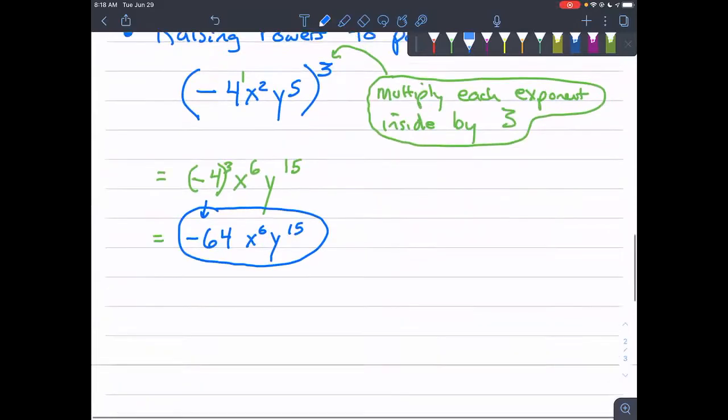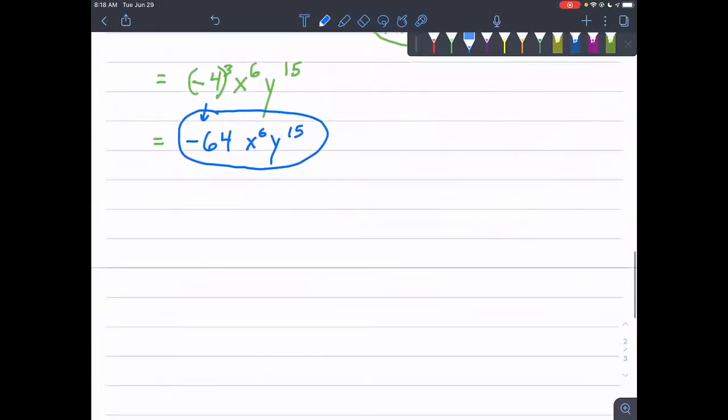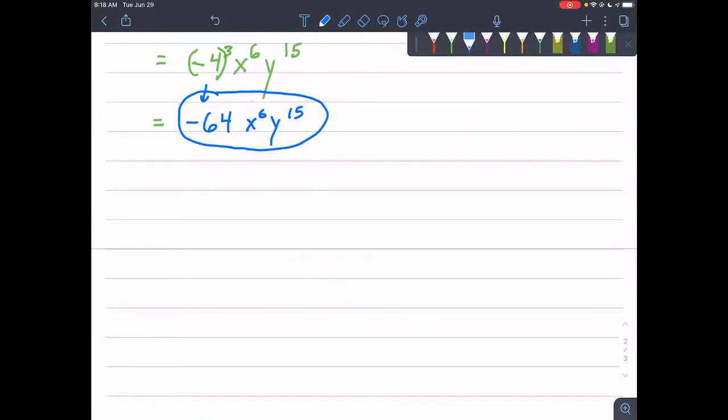Okay, multiply each exponent inside by 3.